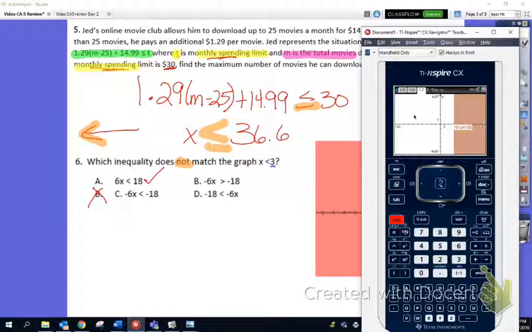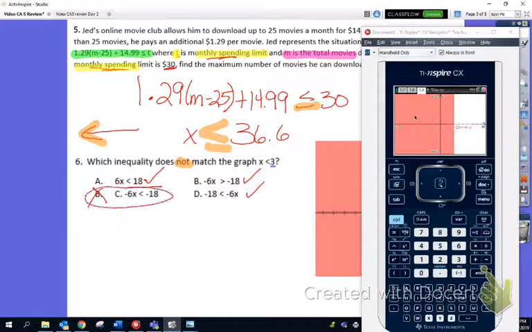So I'm going to make sure, Dot, 2, delete 6, you got negative 6x is greater than negative 18. That's a match. And then probably that one is also a match. 2, delete 6. You got negative 18, control equal, or less than negative 6x. And that one's also a match. So the only one that does not match is B.